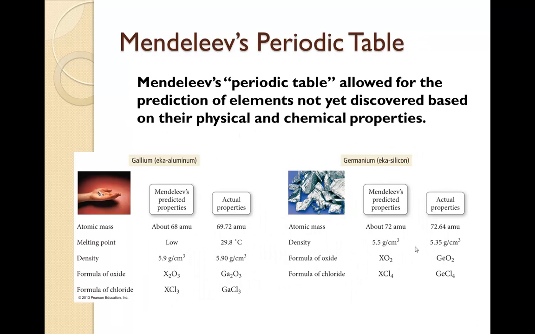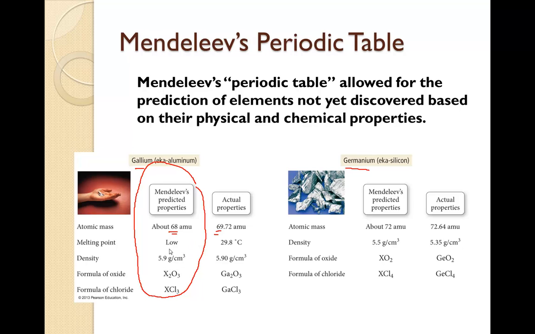Mendeleev's periodic table allowed for the prediction of elements not yet discovered based on their physical and chemical properties. So here's gallium, and here's what Mendeleev had predicted. That would have approximately 68 AMUs for a mass, and it's actually 69.72. It's a little bit high, but it was very close.